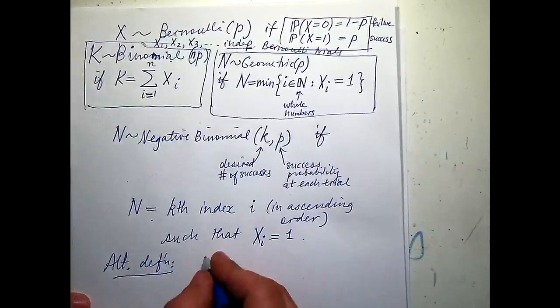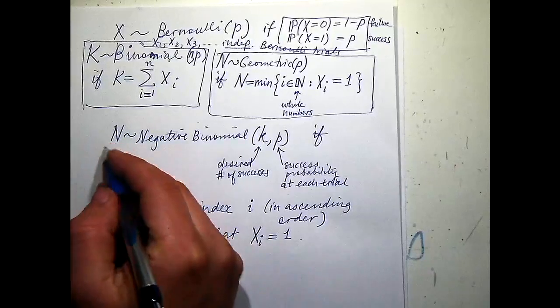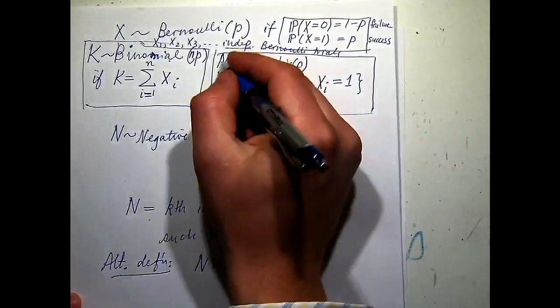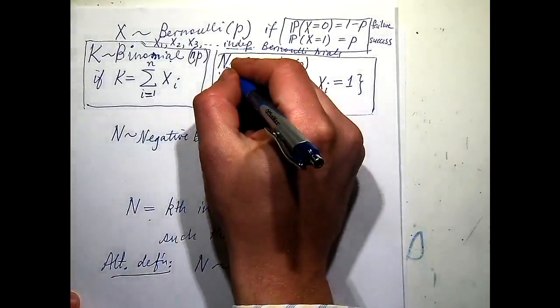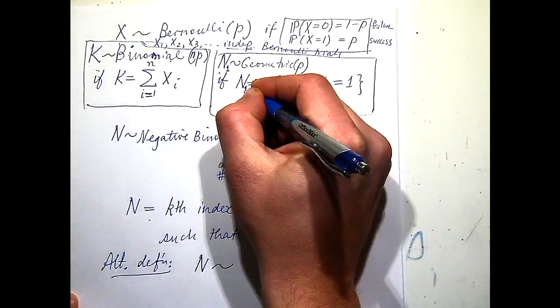So another way to write it is n has this negative binomial distribution. I'm sorry about this, I'm actually going to change the name of my geometric. I'm going to write my geometric as n subscript 1, just so that I don't have two different meanings of n on the same page.